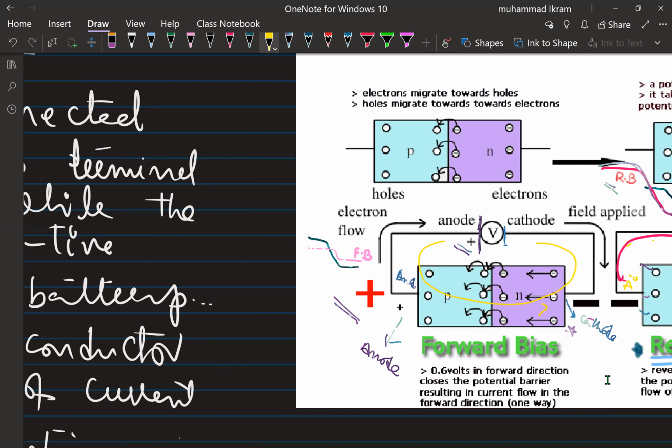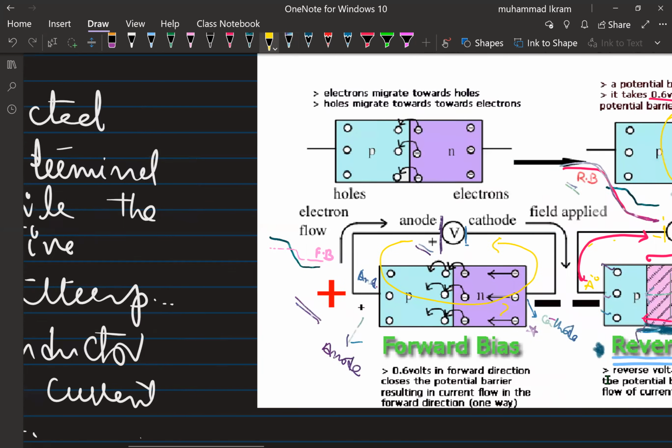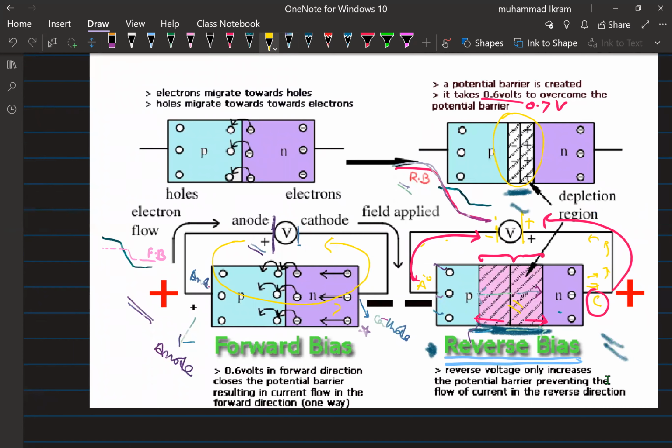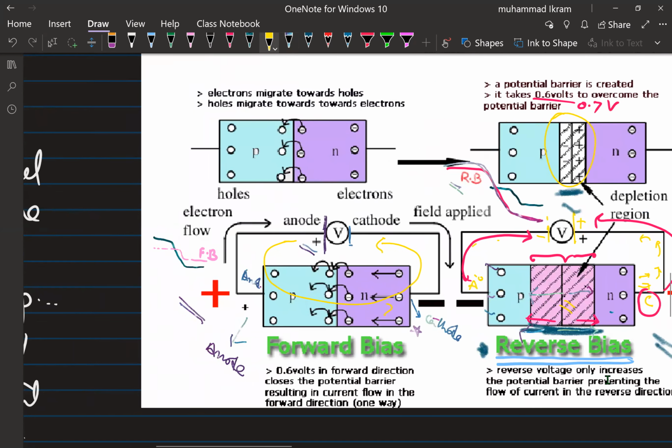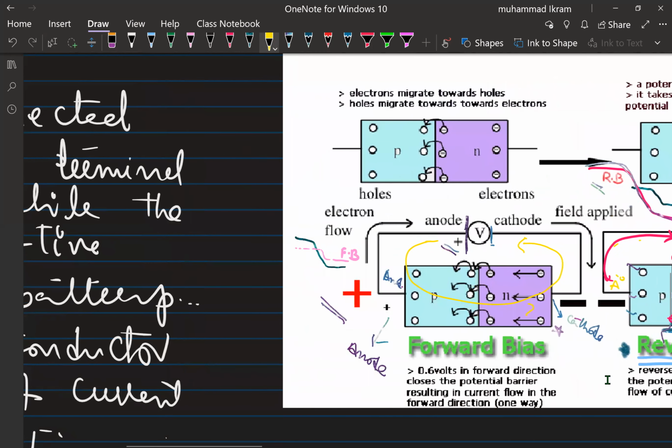As I told, in the reverse case the width of the junction increases, but here the width of the junction decreases.